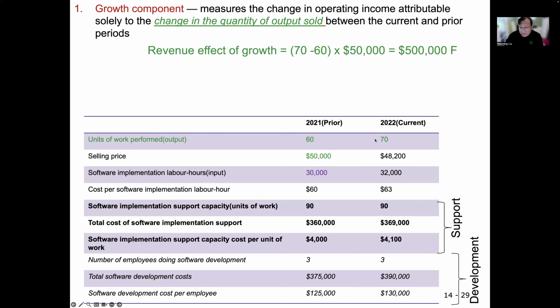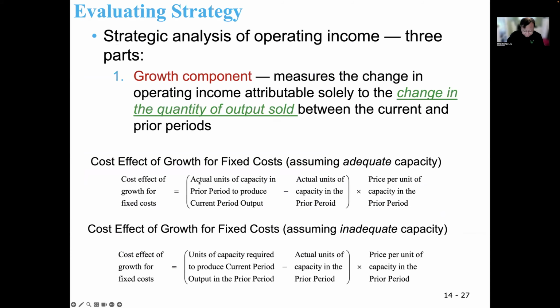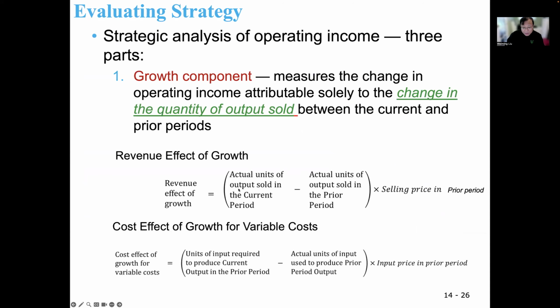So I use 70, current year sales, minus prior period sales, 60, times the prior year's selling price. That's the formula: actual units of output sold in the current period minus actual units of output sold in the prior period, times the selling price in the prior period.